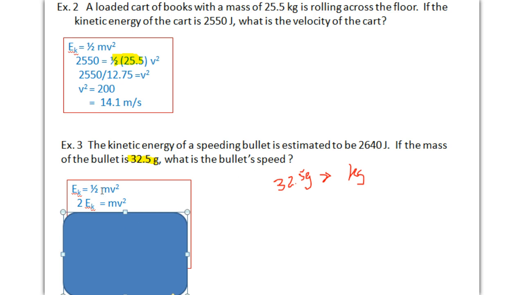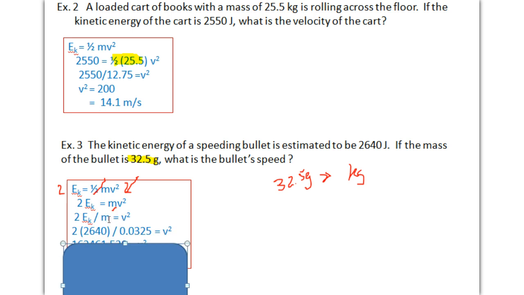We would remove the half by multiplying both sides by 2. And that will cancel our half here. So we have 2 times kinetic energy equals mass times velocity squared. Then we have to remove the mass, so divide both sides by the mass, leaving it with v squared.